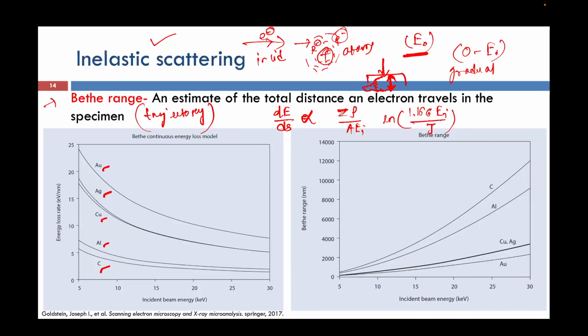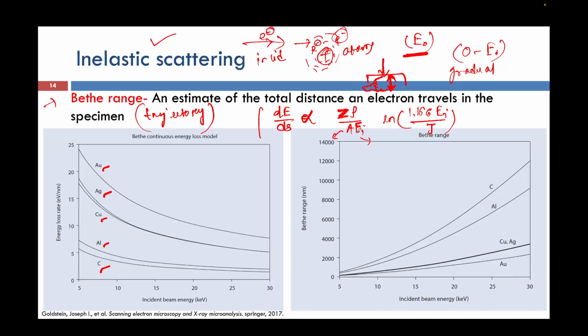Here Z means the atomic number, rho means the density of the material, A means atomic weight, EI means energy of the incident beam. So these are some of the terms you have to remember, most importantly Z and EI. These are the terms that show how, in scattering, the energy changes happen over a period of time.